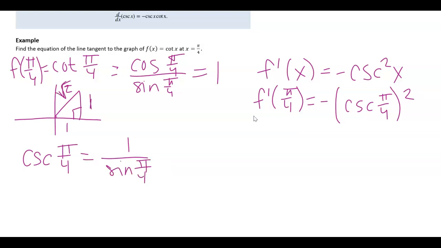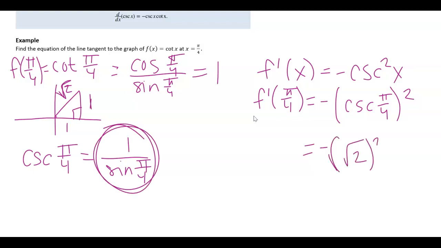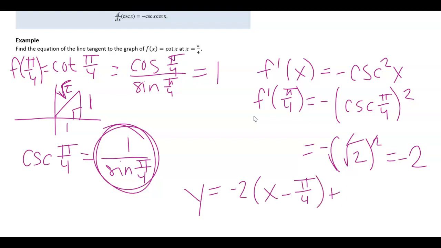That's 1 over root 2, but I need the reciprocal of that, so I'm going to have root 2. Negative root 2 squared, ooh, cancel, negative 2 is my slope. And so the equation of the tangent line is going to be y equals negative 2 times x minus pi over 4, and then plus 1.